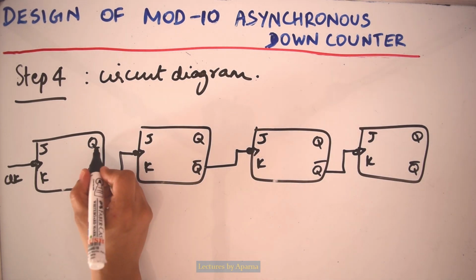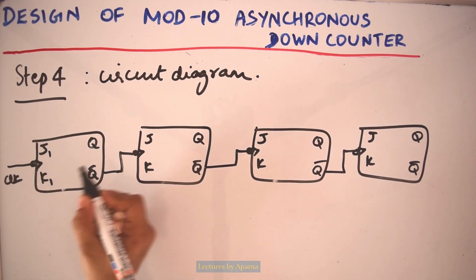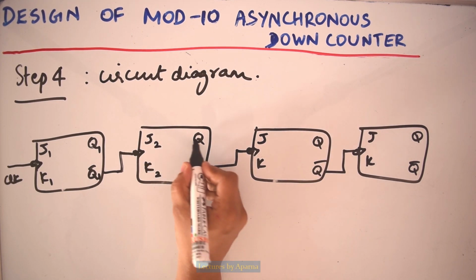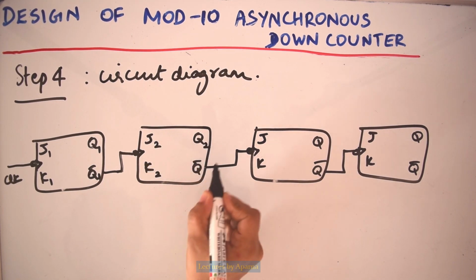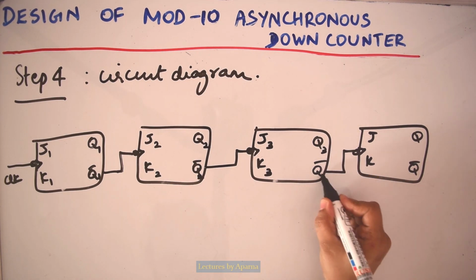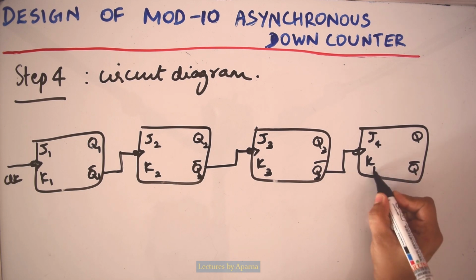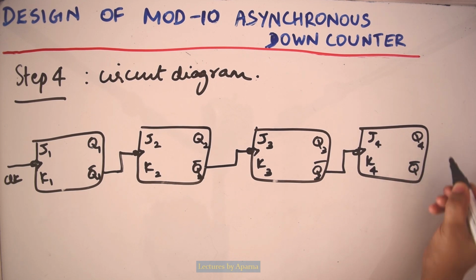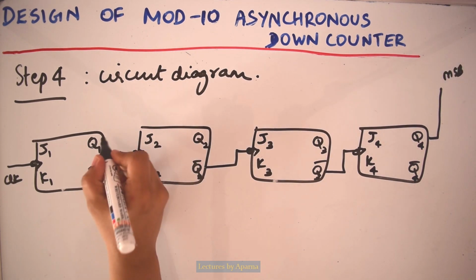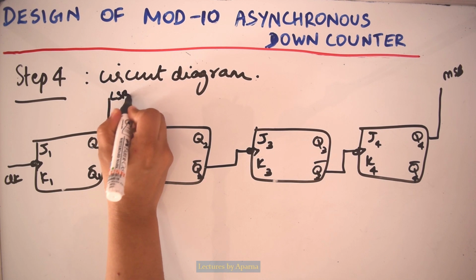So this is the inputs J1, K1, Q1, Q1 bar. Q2, Q2 bar, J3, K3, Q3, Q3 bar, J4, K4, Q4, Q4 bar. So from here you will get the MSB and from here you will get the LSB.